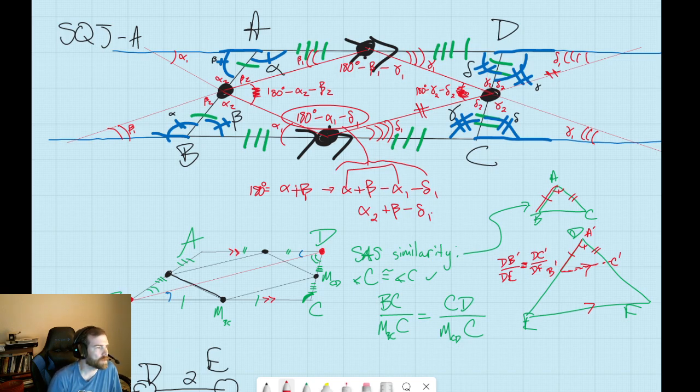If a line is drawn parallel to one side of a triangle intersecting two points distinct from each other, then the other two sides are divided in the same ratio. So the converse of that is that if the other two sides are divided in the same ratio, then the line that's drawn from one side to the other is parallel to the bottom line.